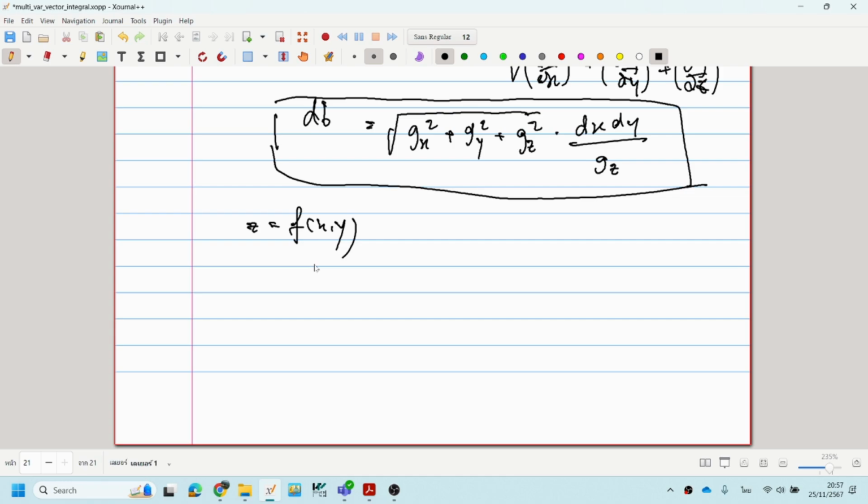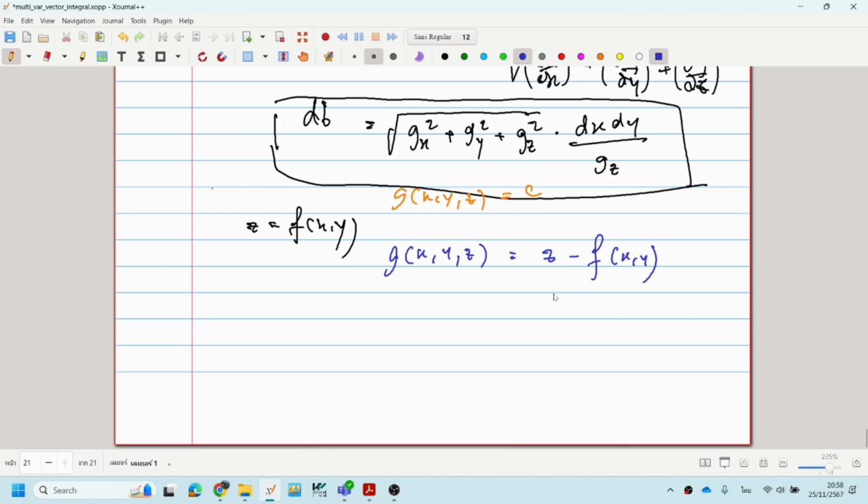The surface is g(x,y,z). z equals f means you move to the other side, so g(x,y,z) equals z minus f(x,y).